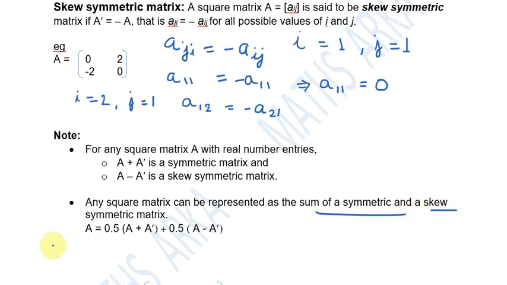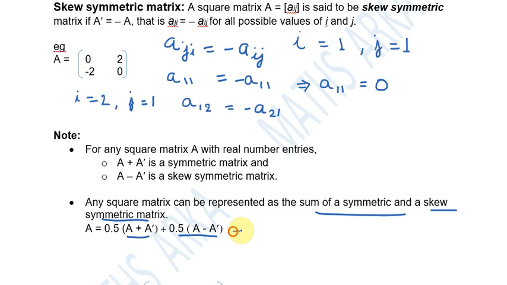How do we do that? A plus A dash is a symmetric matrix and A minus A dash is a skew symmetric matrix. So what we do? We take half of this part and half of this part and we add these two. So if we just expand it, then what do we get?